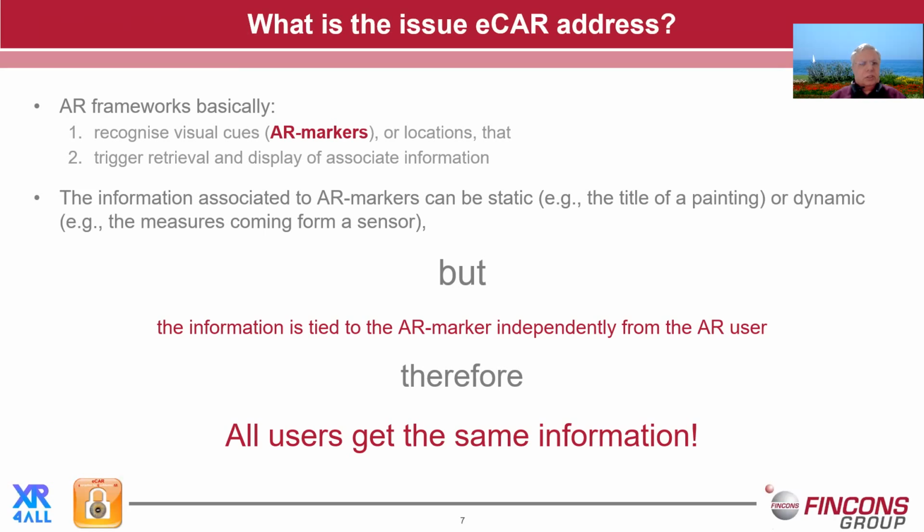The information associated to the marker can be static, for example, the title of a painting, or dynamic, for example, measures coming from a sensor. But the information is statically tied to the marker and is independent from the user. So all users get the same information.